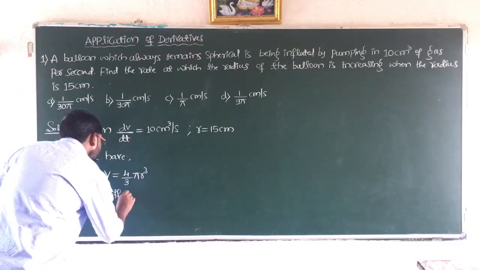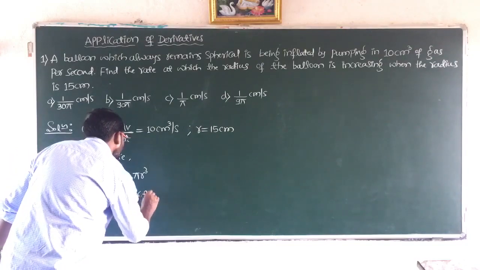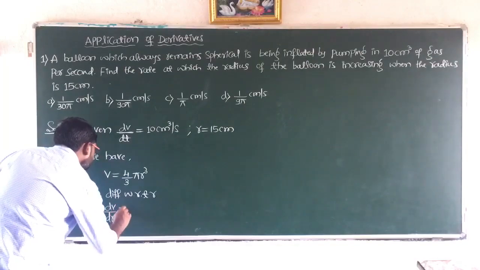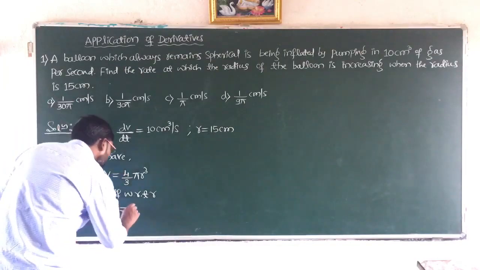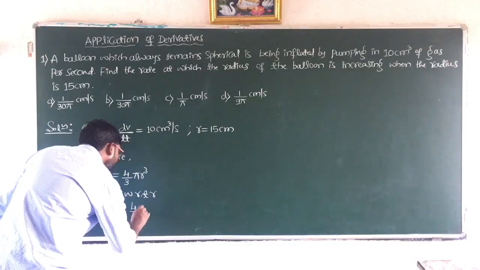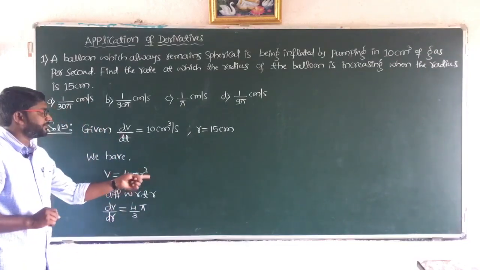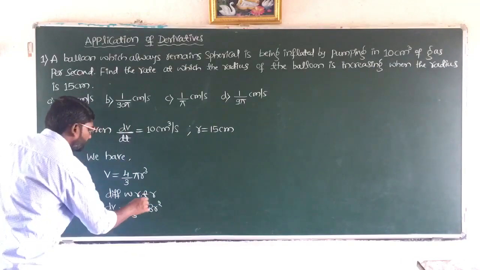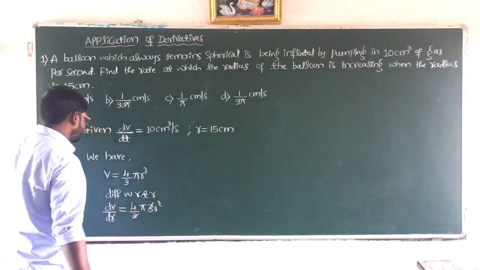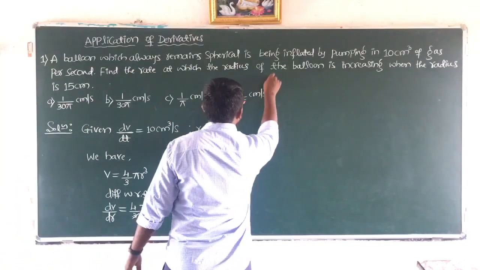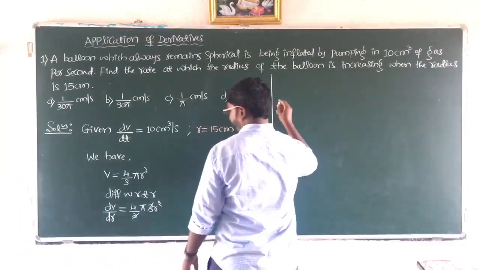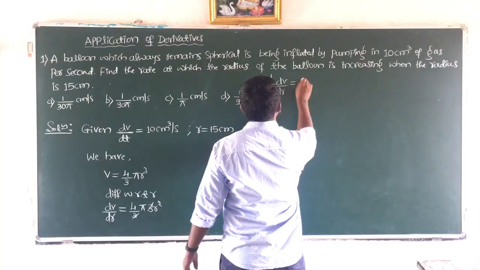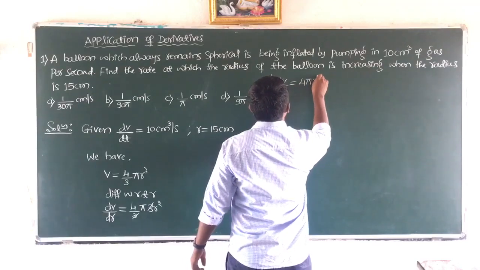What do we get? dV by dr equals 4 by 3 pi, which is a constant, times the derivative of r cube, which is 3r square. The 3 and 3 get cancelled. So dV by dr equals 4 pi r square.